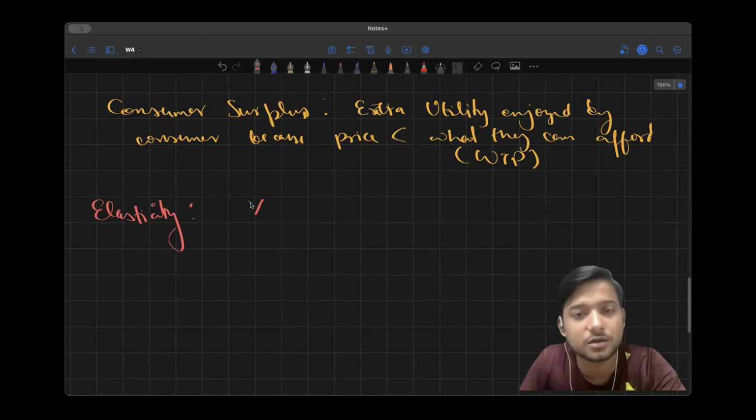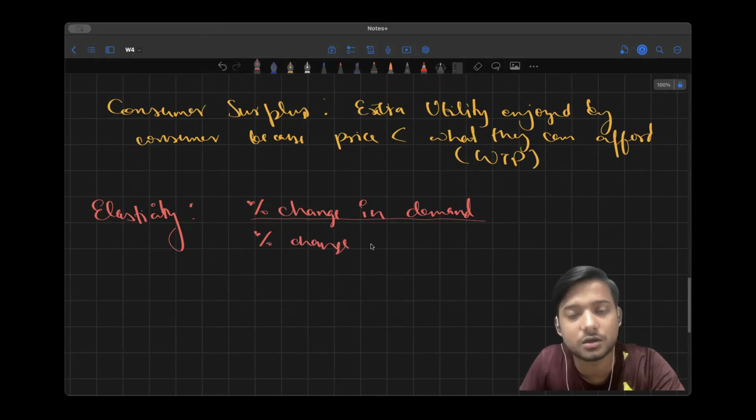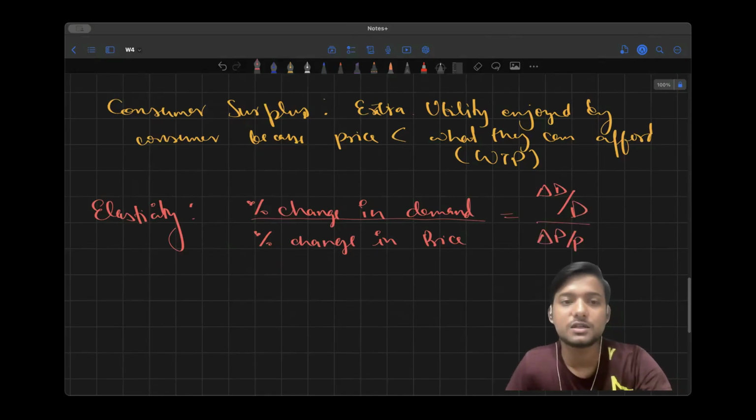What is elasticity? Percentage change in demand divided by percentage change in price. Okay. So the symbol which we use for demand is going to be Q or D, both are fine. So I hope you understand this notation.